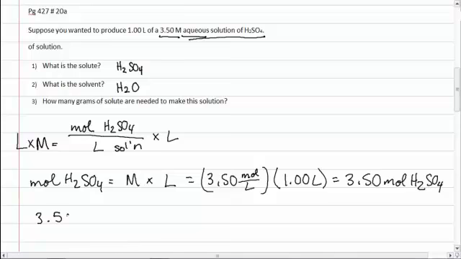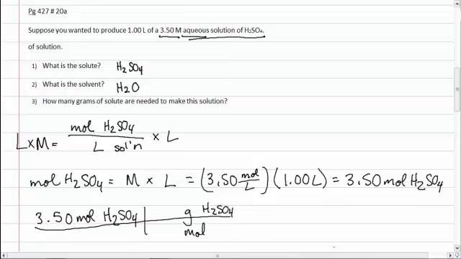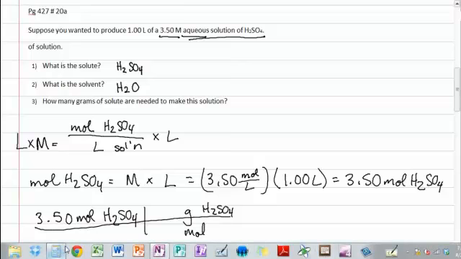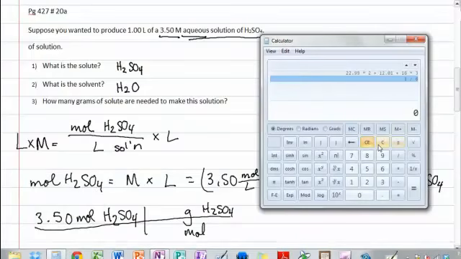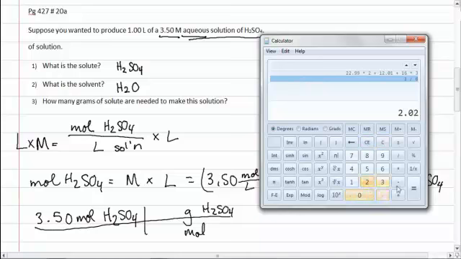Then we would have to multiply that by its molar mass to get grams. So you have mole on the bottom, grams on top, H2SO4. Hydrogen, smaller mass, is 1.01, and there's two of them, so we have 2.02, plus sulfur, which is 32.07, plus oxygen, which is 16, and there's 4 of them, so 16 times 4, we get a molar mass of 98.09.